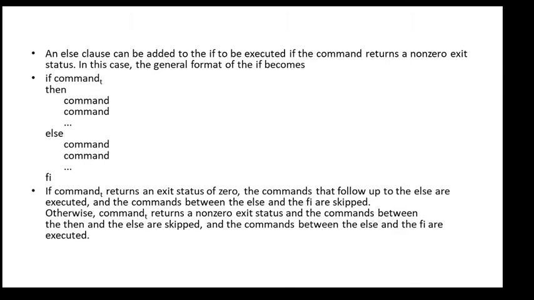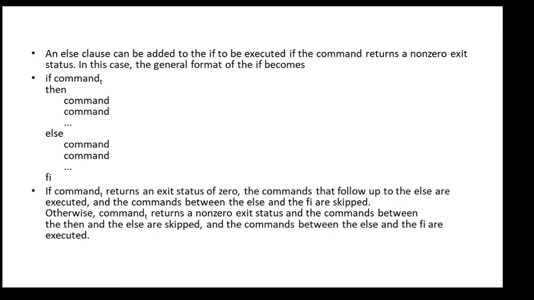An else clause can be added to the if to be continued if the if command returns a non-zero exit status. In this case, the general format of the if becomes: if command, then commands, else commands. If this condition is true, these commands will execute. If this condition is non-zero and it is false, the else part is executed.